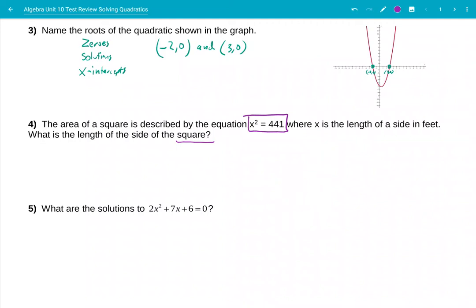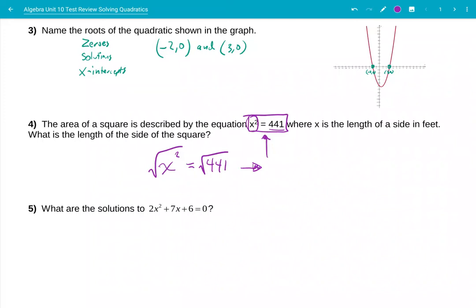Even if you don't know that, look at that right there. All I have is an x squared on this side and a number on this side. So I can solve this by taking the square root of both sides. I need to unsquare that x, and then I'll unsquare this.